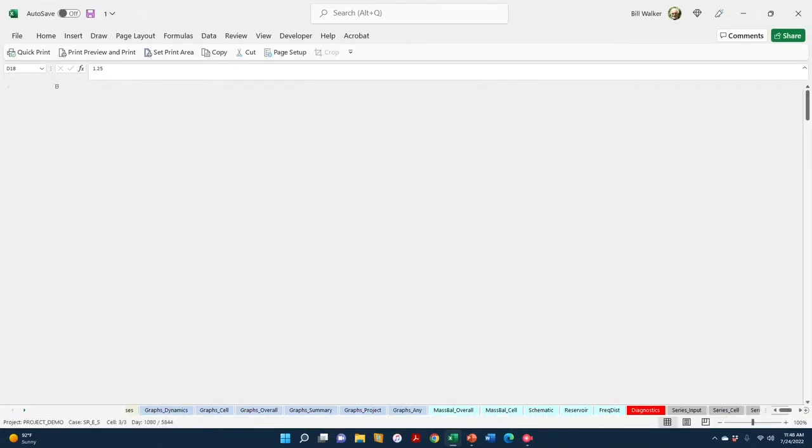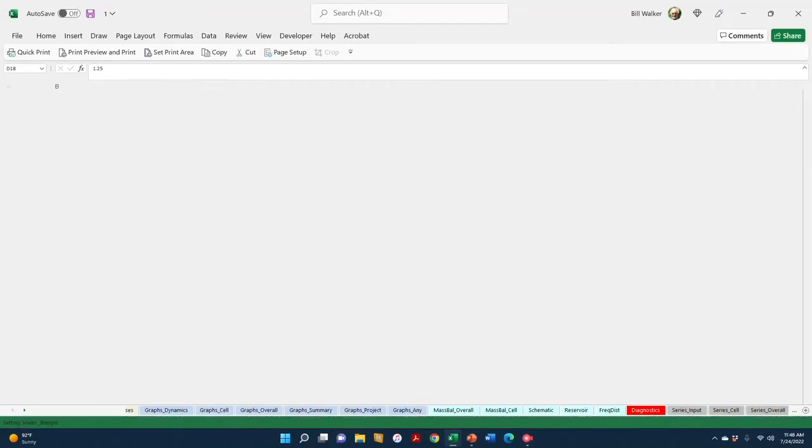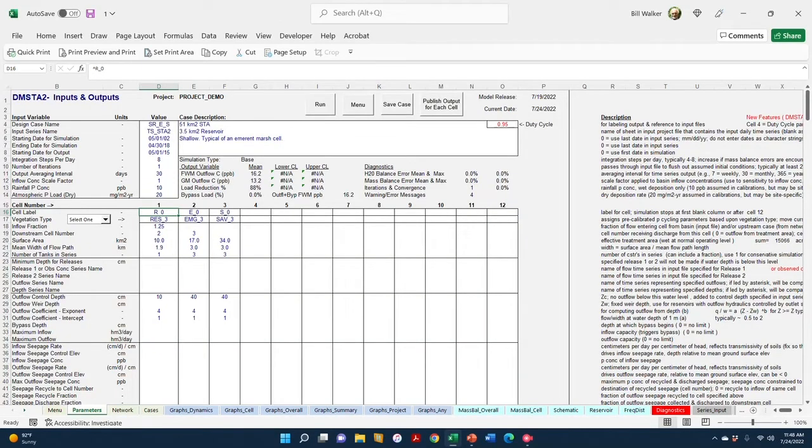I'm monkeying with these coefficients just to come up with a case that shows the sensitivity, and that's a really important part of the design process.